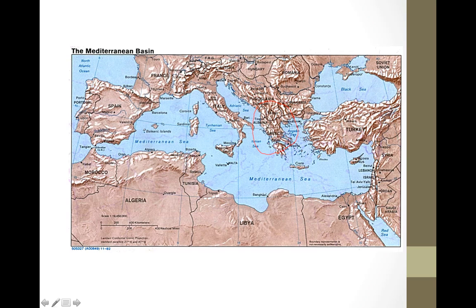And so one of the things that's important to point out is that as the Mediterranean world was growing, say between 800 BCE and maybe the first century of the Common Era, the Greeks found themselves smack in the middle of it. And when we learn about Rome toward the end of the year, there is Italy, also really smack in the middle of the Mediterranean world, as compared to Egypt, which is down here, and Mesopotamia, which is way over here.